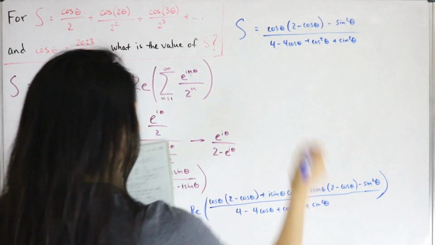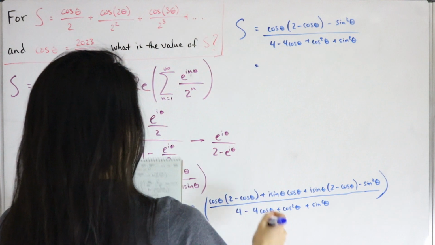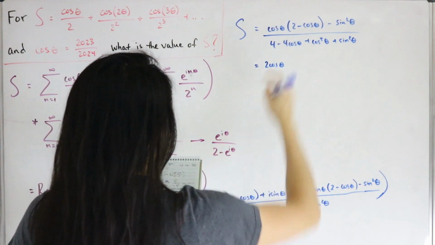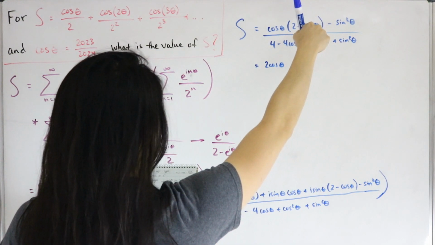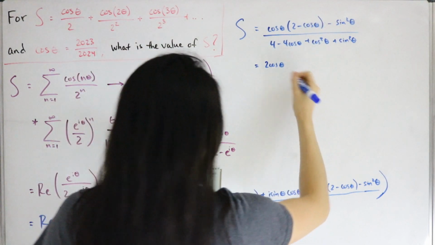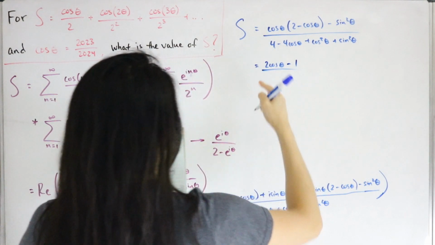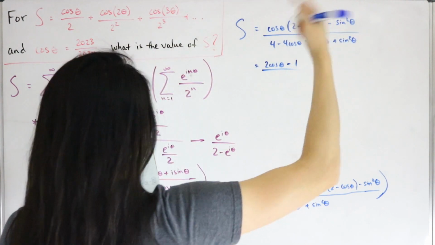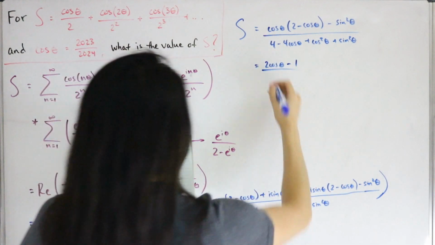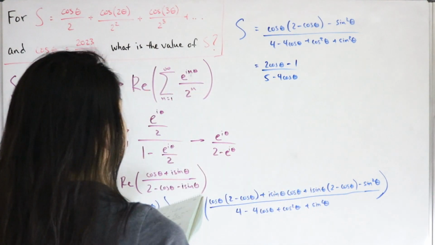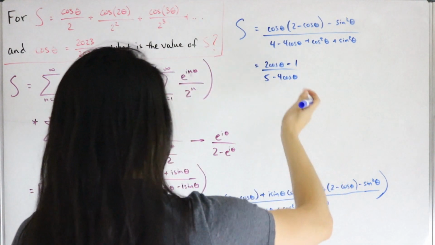Okay, and with this, now we can reduce things further. So I have 2 times cosine theta over here, and now if I multiply the cosine theta, it's a minus cosine squared and then a minus sine squared, so that just equals minus 1, all being divided by cosine squared theta plus sine squared theta, same thing, so that's a 1. So add this, I have a 5 and then minus 4 times cosine theta. All right. So that's as simple as we can get.